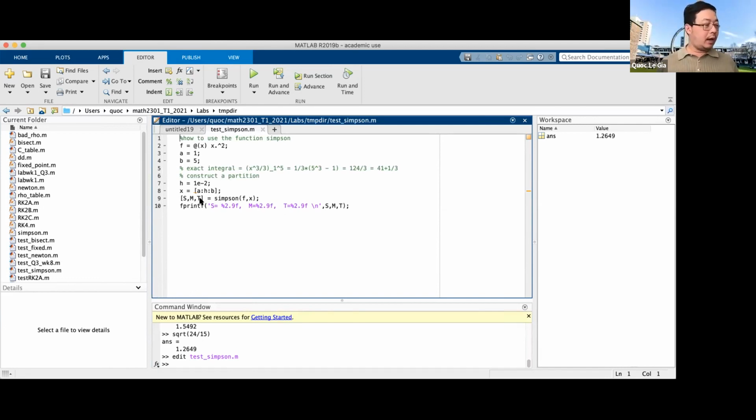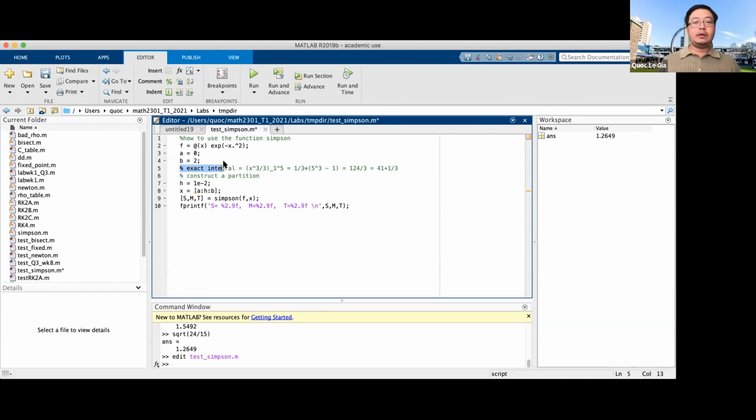The question says to use the trapezoidal rule. So what is the function? The function is e to the minus x squared, and the integral is from 0 to 2.